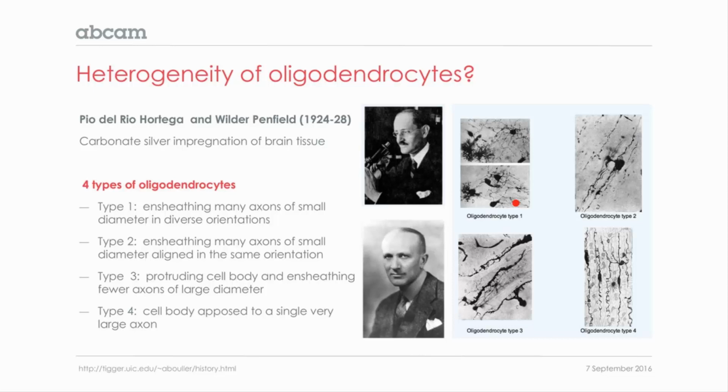So in order to address this, as you have seen from Amit's presentation, single-cell RNA sequencing is a very powerful technique to examine whether indeed there is heterogeneity in the oligodendrocyte lineage.